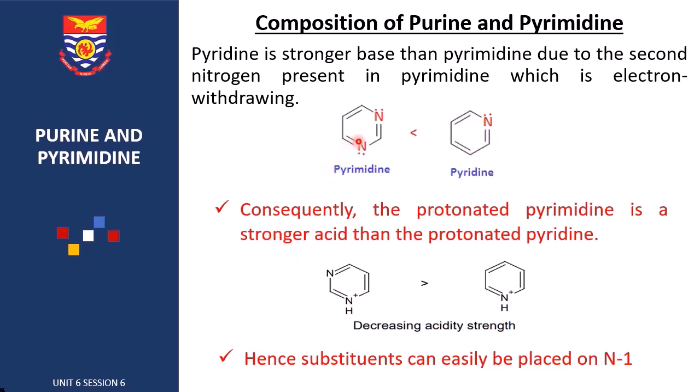So it means that the conjugate acid of pyrimidine will be more acidic than that of pyridine, right? So the protonated form of pyrimidine is a stronger acid, whereas that of pyridine is a weaker acid.